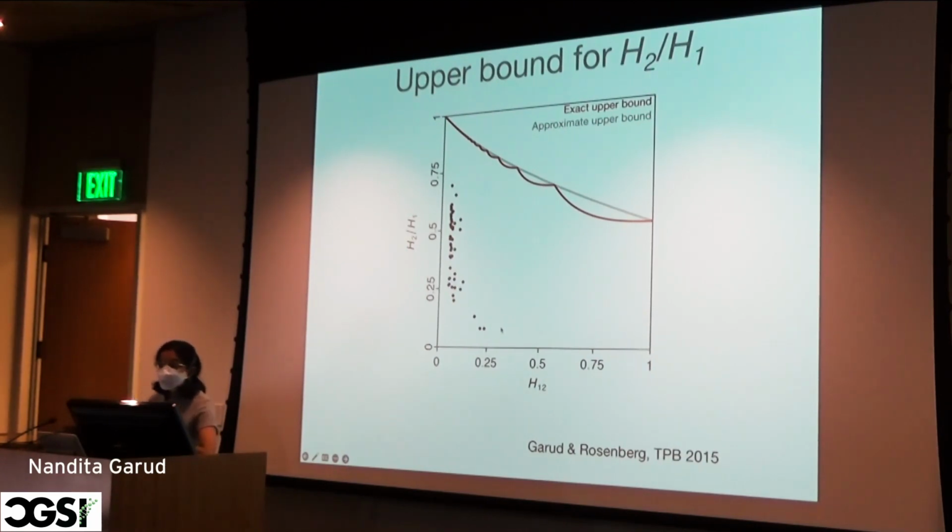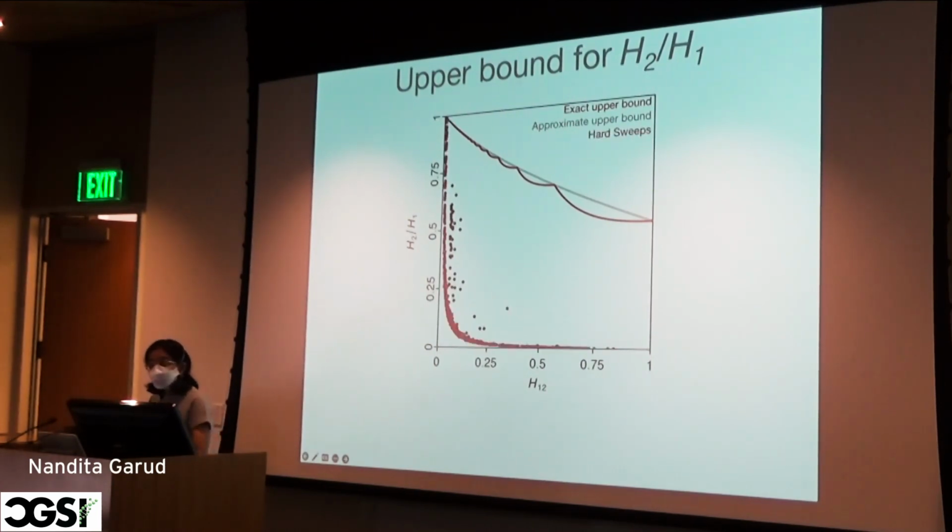So now what we want to do is ask, are the values of H2 divided by H1 and H1-2 consistent with that of hard versus soft sweeps? So to answer that question, we can use an approximate Bayesian computation approach where we simulate hard and soft sweeps, drawing from prior distributions where we vary the age of the sweep, the selection strength, the partial frequency.